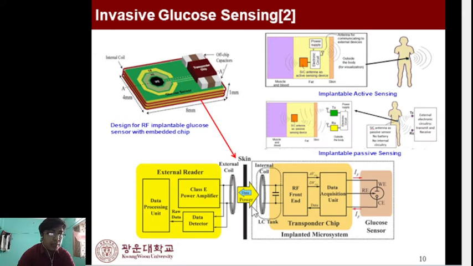By the inductive method, this external coil picks up the signal, it goes through the amplifier, and the signal is amplified, and the data is detected and processed in this unit from the raw data.